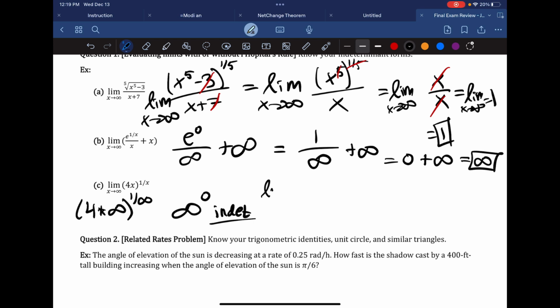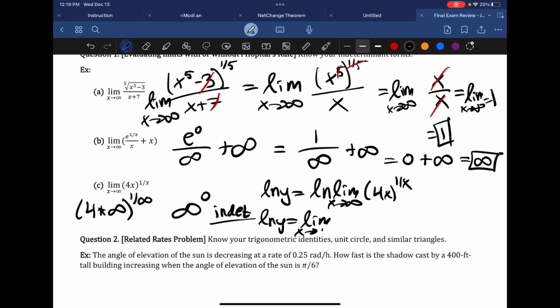So we're going to say ln y equals ln of the limit as x approaches infinity of (4x) to the 1 divided by x. And then due to the properties of limits, that ln can move inside of that limit. And we get this.